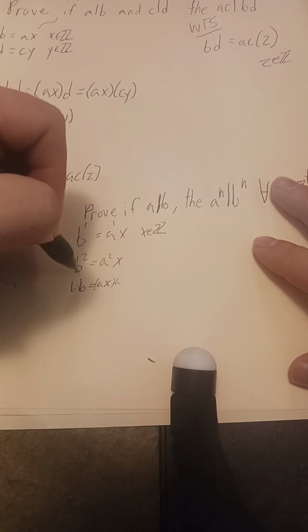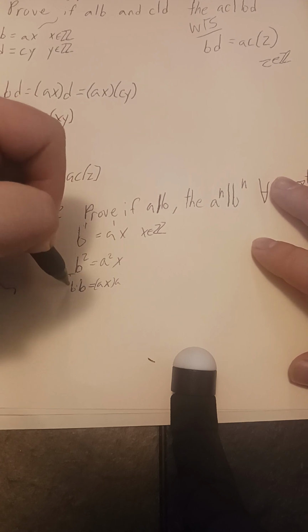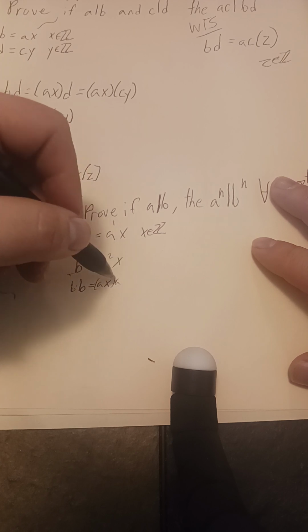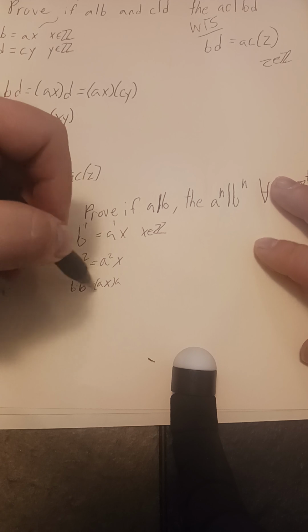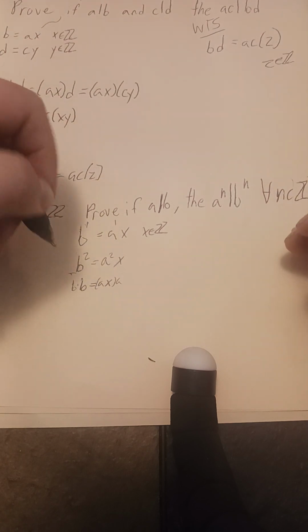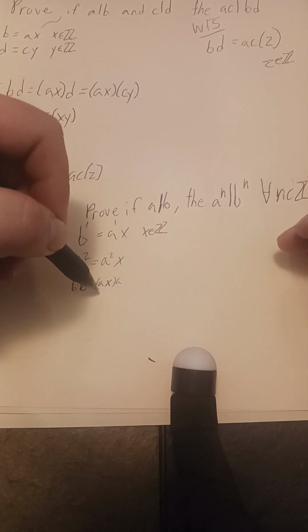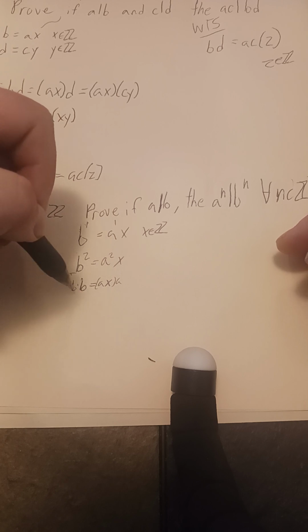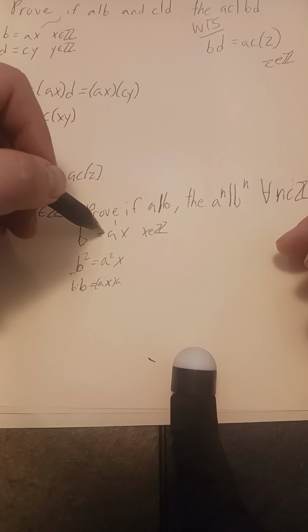If we just automatically did it this way, then at this point we're saying that A is equal to B, right? Because we know B is equal to AX for some X in the integers. But if we go down here and say B squared equals A squared X, we factor out an A and we factor out a B, and we already know from up here that these are equivalent.